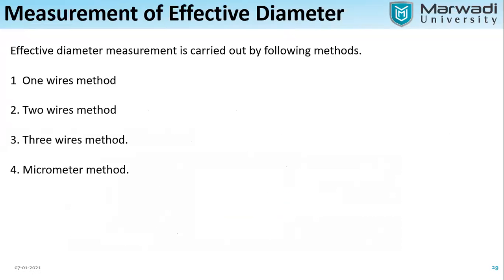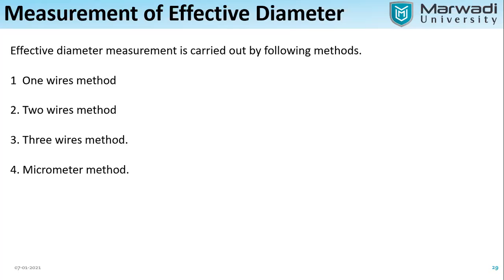Then we saw the measurement of effective diameter. There are four methods: one wire method, two wire method, three wire method, and the micrometer method. We started with the one wire method, but now we have to go with the two wire method and the three wire method, which remain.